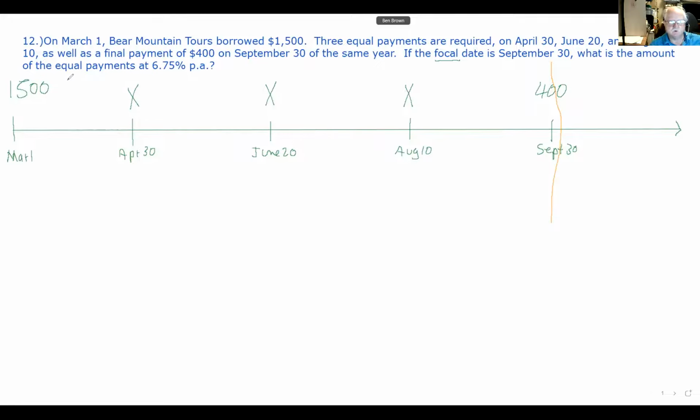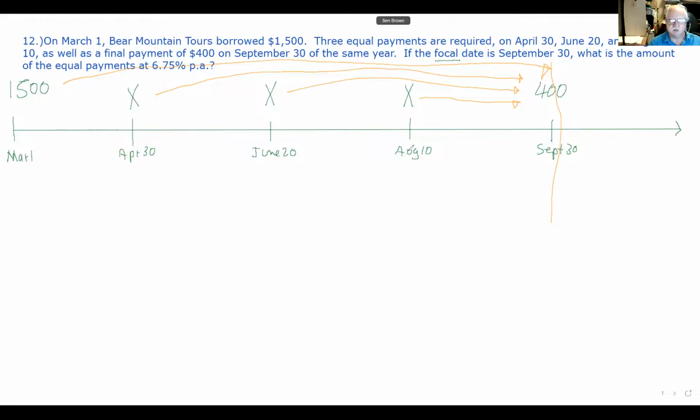So what we've got to do is we've got to take the 1,500 forward. Then we have to subtract the 400 from it. The 400 is already on the focal date, so it doesn't move forward or backward. But then we have to move this money forward, this money forward, and this money forward, and solve for these x's, which are all the same value.